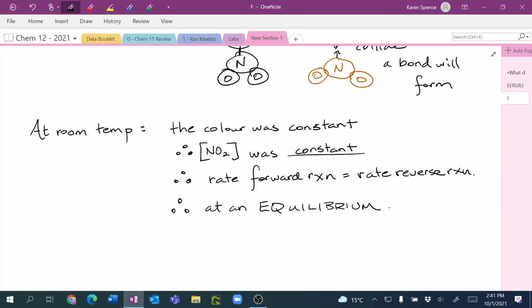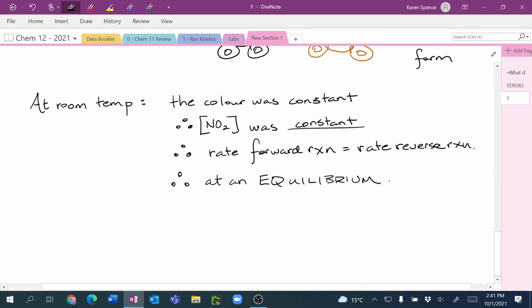hotter temperature, okay? When we increase the temperature, what happened to the color? Color got darker.